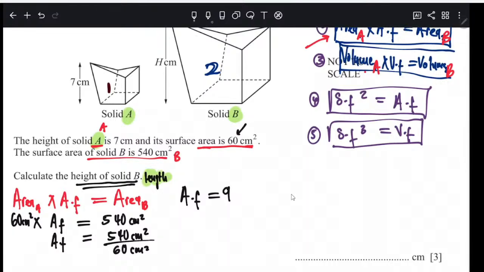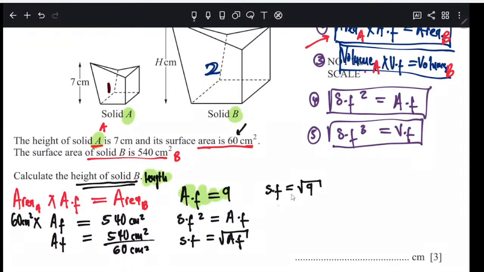So we have area factor, we want scale factor. We know the relationship says scale factor squared is equal to area factor. So we want the scale factor, so we take this squared to the other side. Scale factor will be equal to square root of area factor. That means scale factor is equal to the square root of 9. Scale factor is equal to 3. So the scale factor is 3.